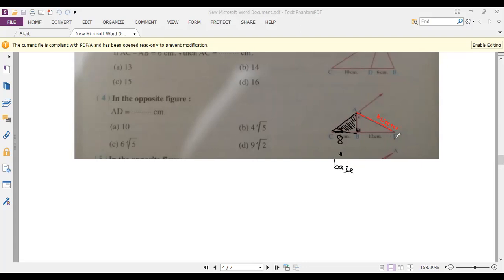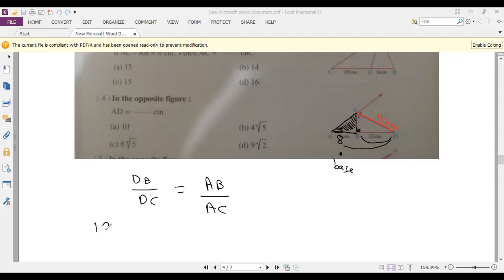As you know, the bisector divides the base into 2 parts. The ratio between them equals the ratio between the other 2 sides. So in this case, we can say that DB over DC equals AB over AC.